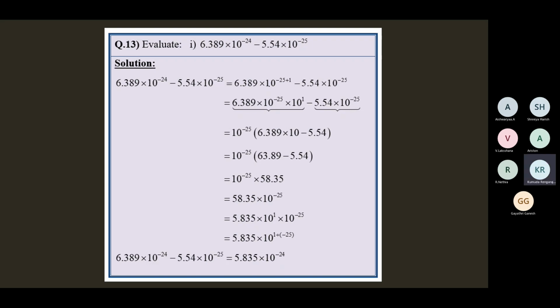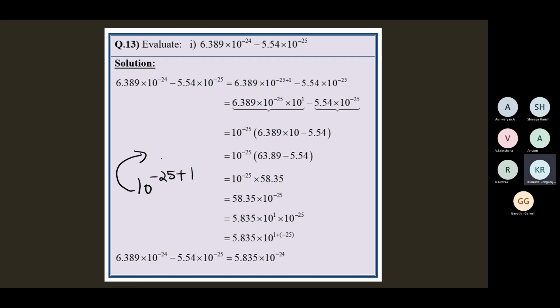Now the next step is 10 to the power minus 25 plus 1 can be written as 10 to the power minus 25 into 10 to the power 1. Why? Because we know when bases are same and it's multiplication, we add the powers. We are trying to recreate the earlier step.